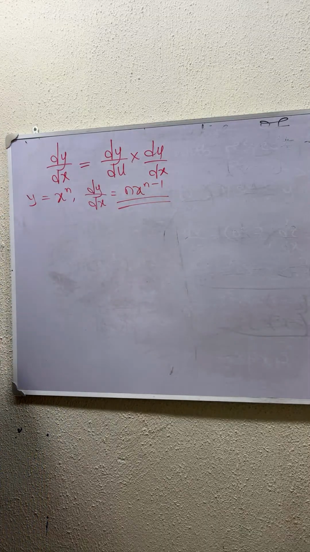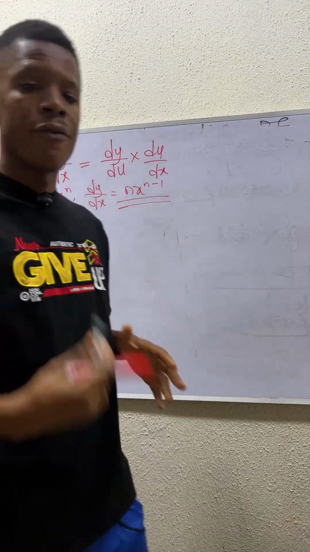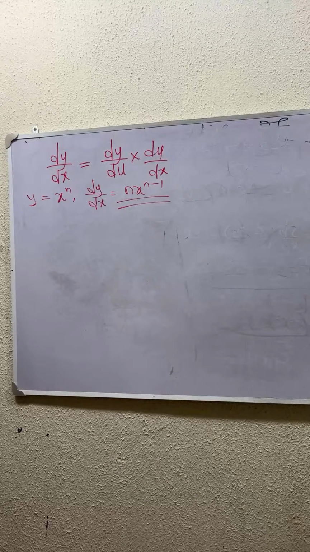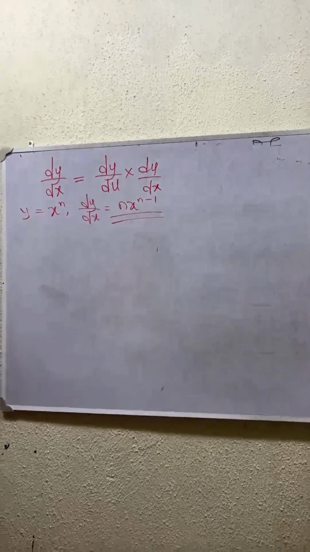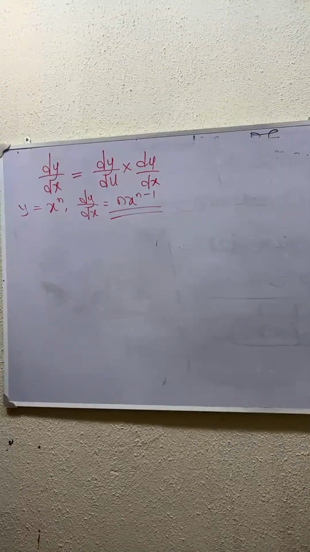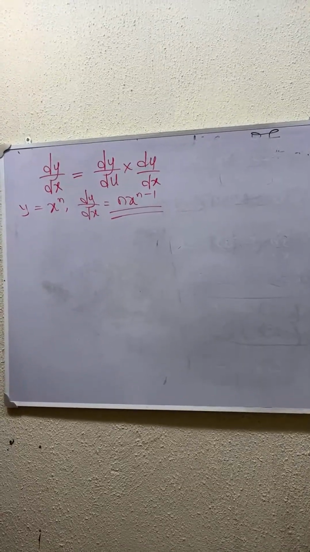This is the easiest way to differentiate a function. That's the general formula for differentiation. It is very simple to understand, and it will help you especially to pass the upcoming exams.